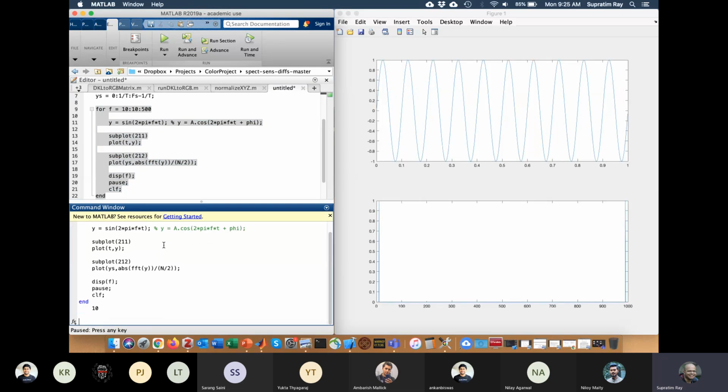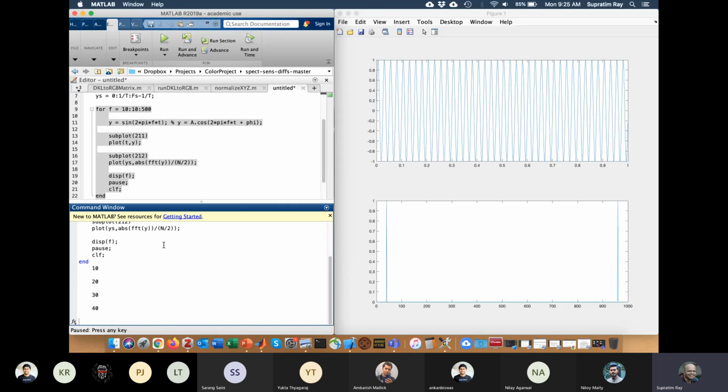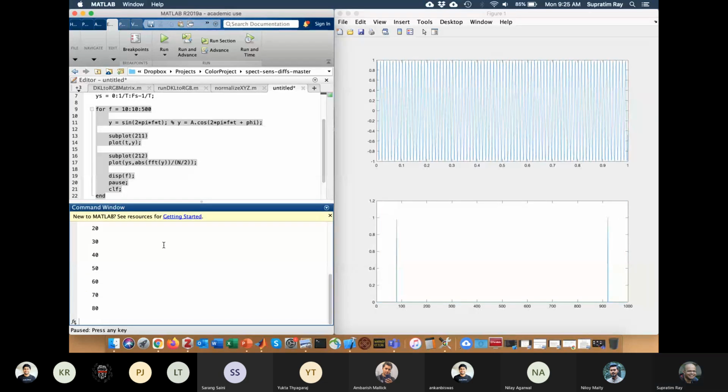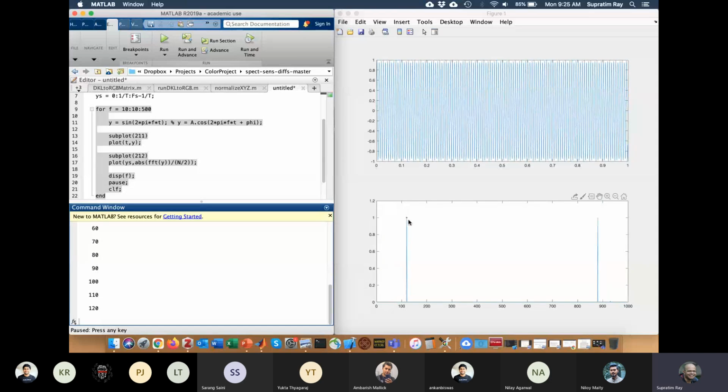This is 10 hertz. And now when I click 20, 30, 40, 50, and see, this thing is always at 1.